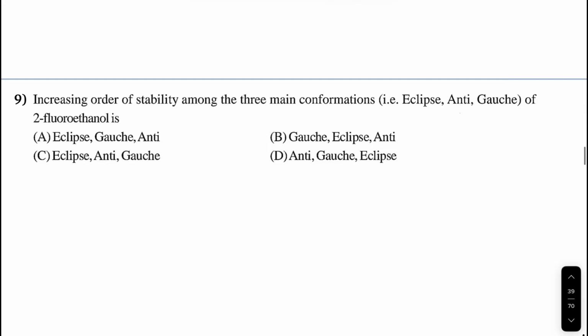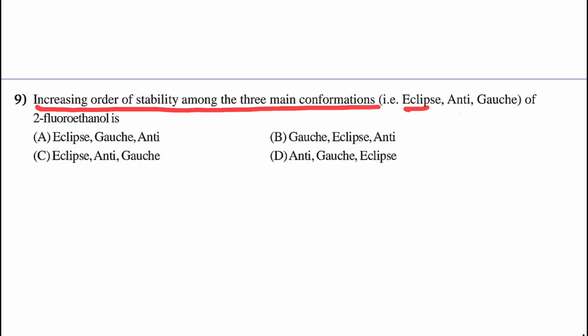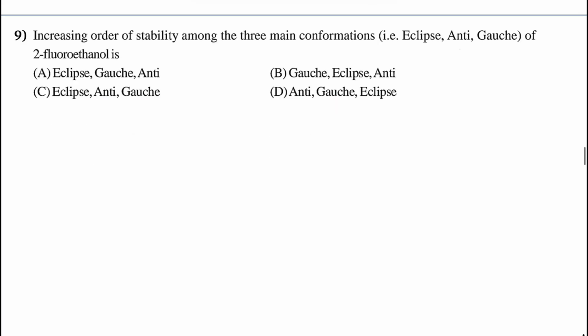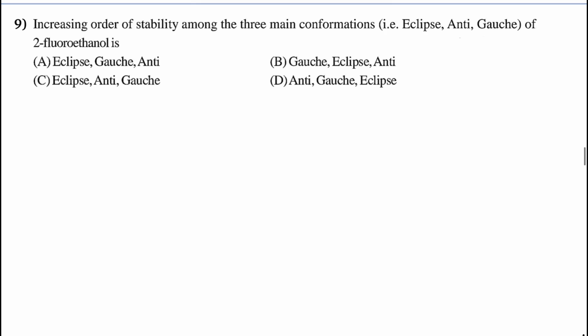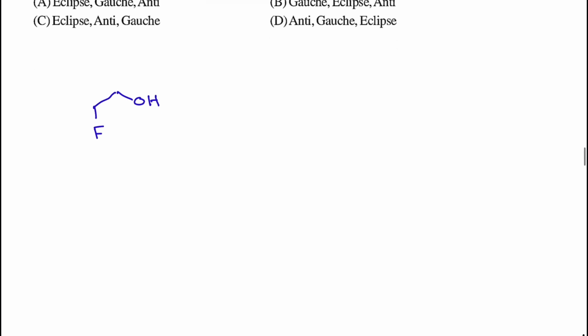Next one, increasing order of stability among the 3 main conformations eclipsed, anti, gauche of 2-fluoroethanol. So here he is asking eclipsed, anti-staggered and gauche staggered.